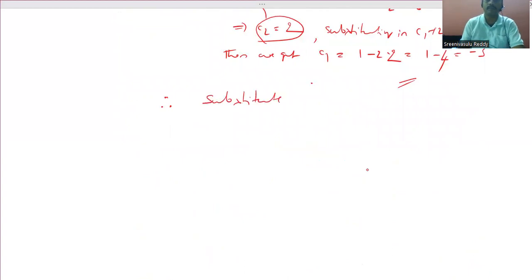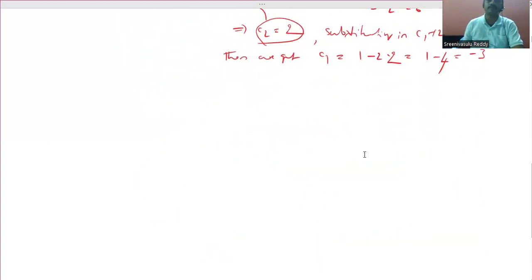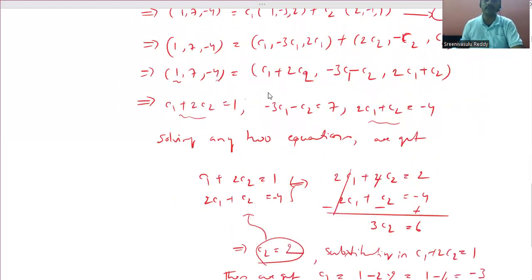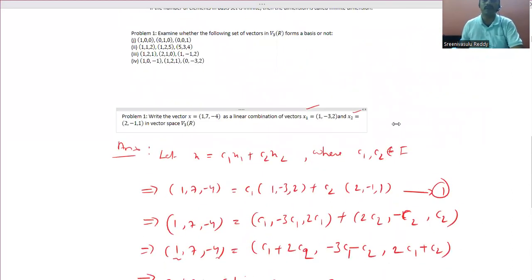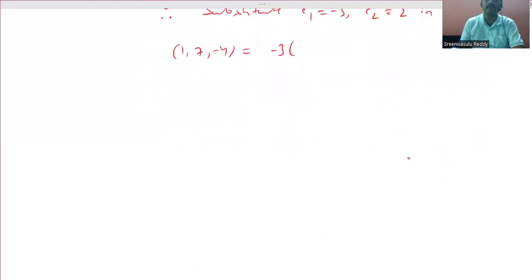Substitute C1 equal to minus 3, C2 equal to 2 in equation 1. 1, 7, minus 4 equal to C1 times minus 3 times the first vector, x1 vector. X1 vector value is 1, minus 3, 2, plus C2 means 2.